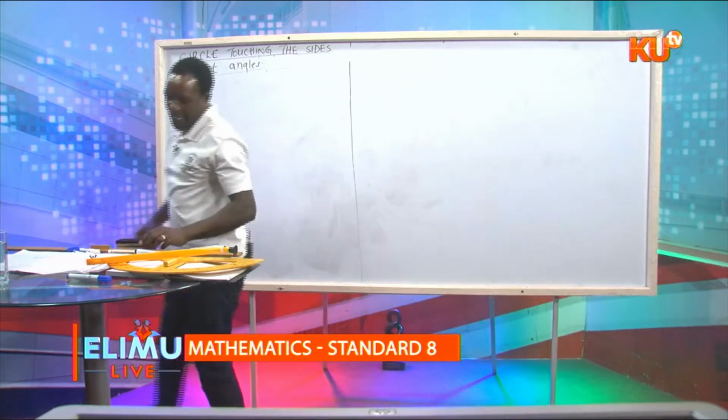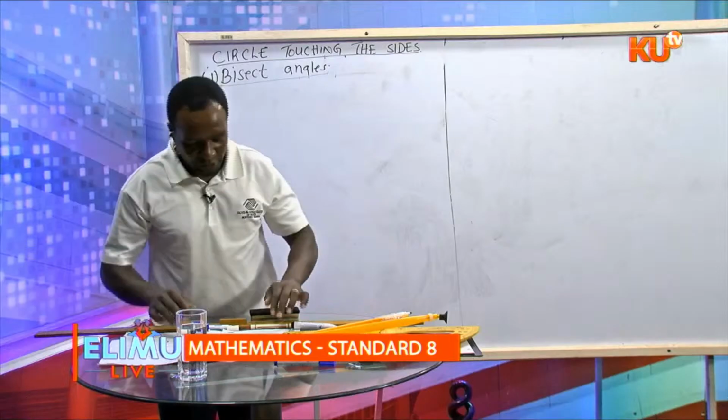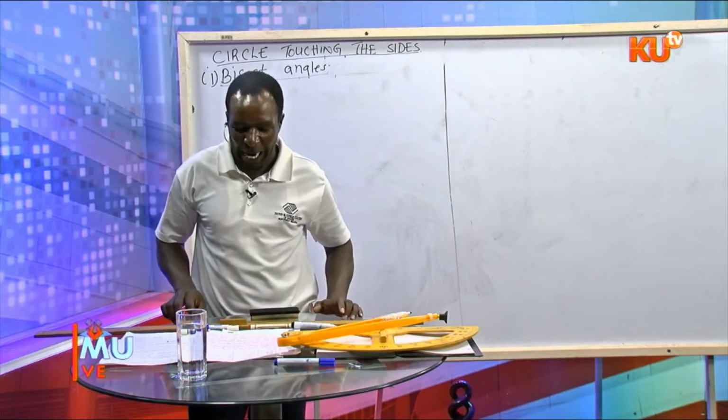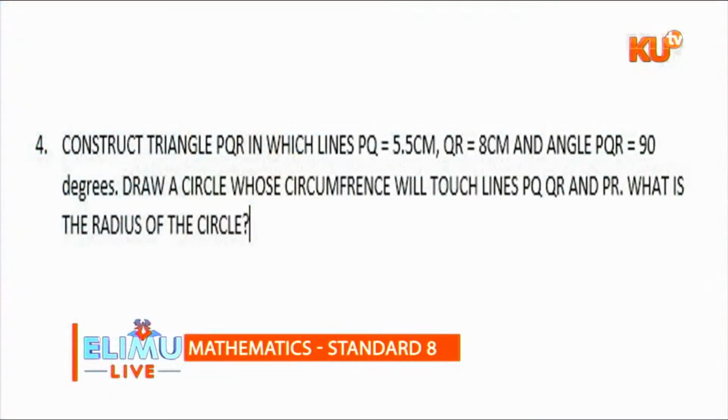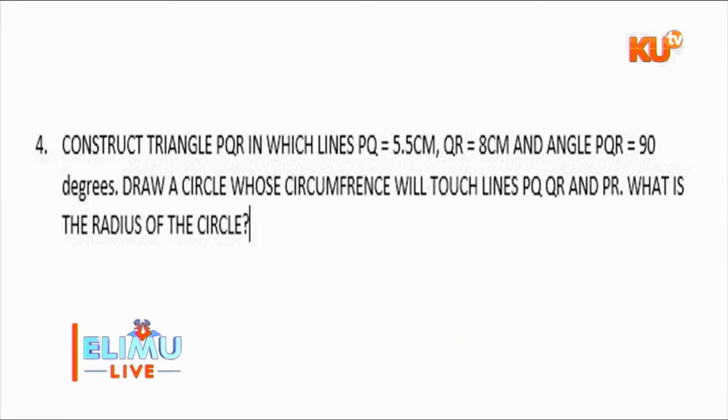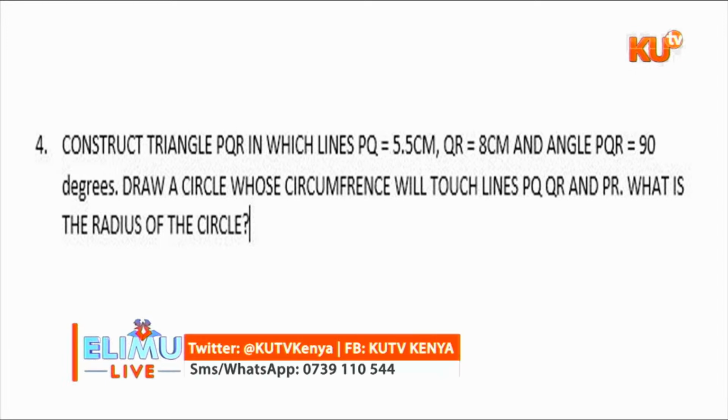I read, construct triangle PQR in which line PQ is equal to 5.5 centimeters, QR is equal to 8 centimeters, and the angle PQR is equal to 90 degrees. Draw a circle whose circumference will touch lines PQ, QR, and PR. What is the radius of the circle?